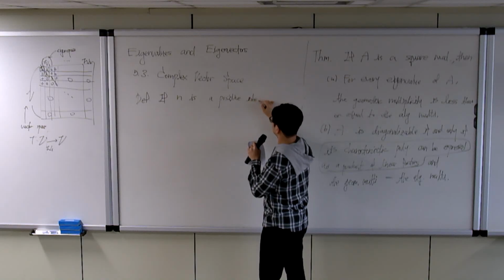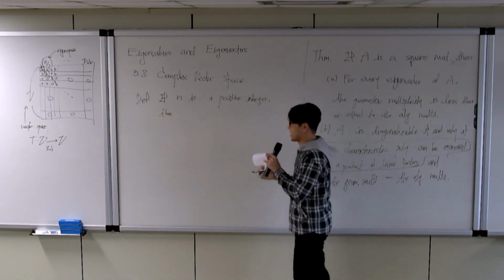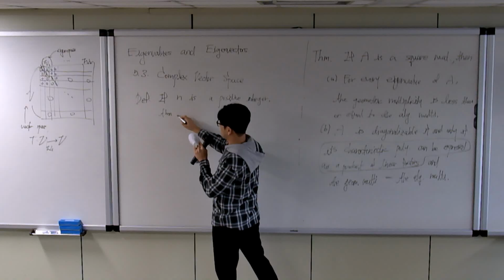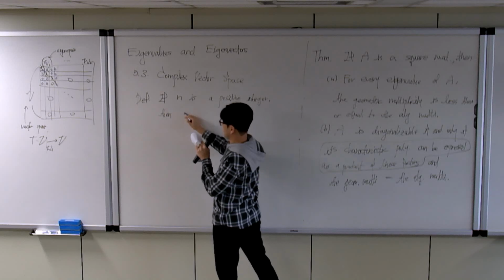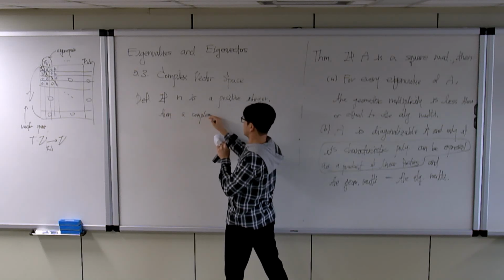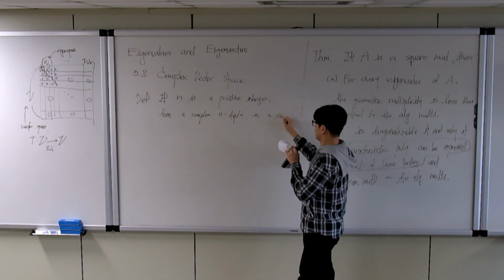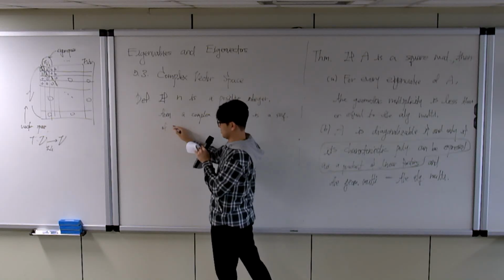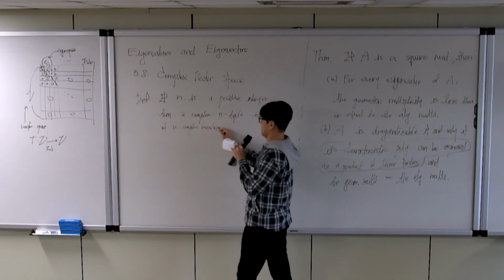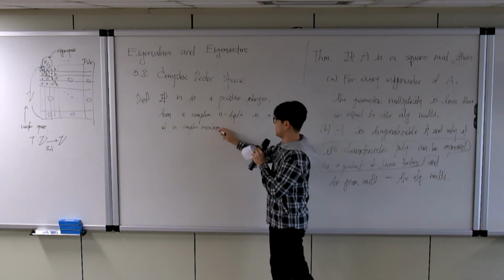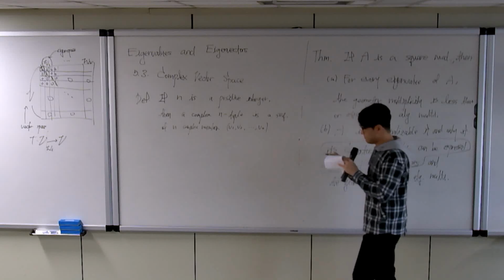Then we can write it in the real number system as A1 plus iB1, A2 plus iB2, up to An plus iBn. Then in the real vector space sense, it can be divided into two parts: A1, A2, An plus i times B1, B2, Bn.